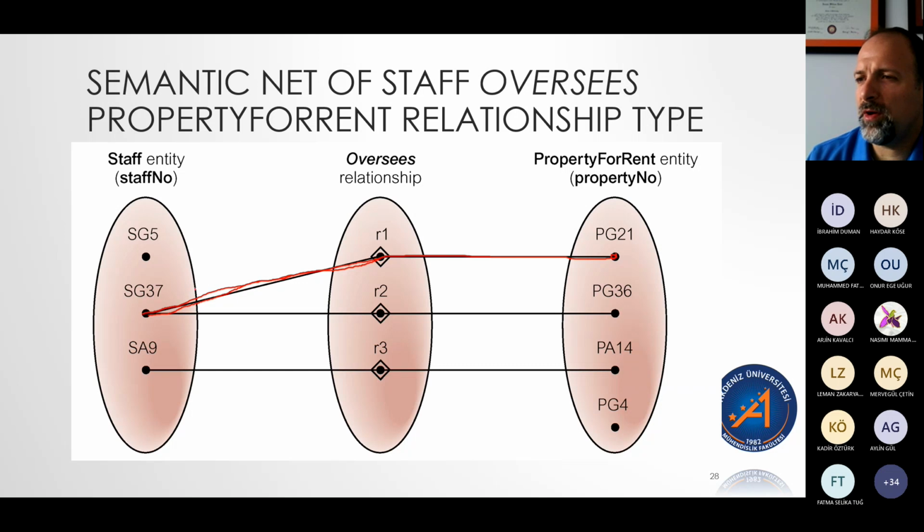A couple of things that we're noticing through this, right, is a staff person can oversee multiple properties, right? So they can oversee N relationships. But by this staff person, we understand that they don't have to oversee any relationships. They don't have to oversee any properties.